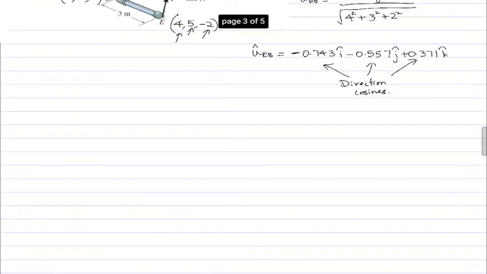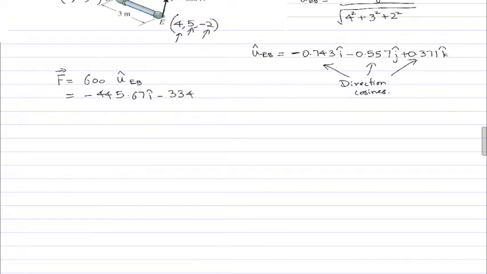And once we have that, we can straight away find the Cartesian vector F, or the force F, which is nothing but 600 newtons multiplied by UEB, which, if you carry out the math, would turn out to be 445.67 i minus 334.25 j plus 222.83 k newtons. Don't forget the units.